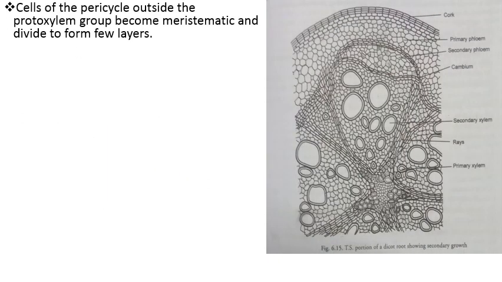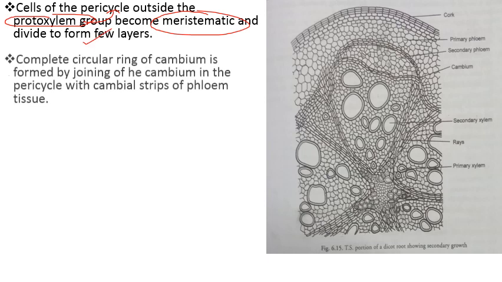Cells of the pericycle outside the protoxylem group become meristematic and divide to form few layers. कुछ सेल जो पेरिसाइकिल के सेल्स हैं जो प्रेजेंट होते हैं protoxylem के just outside, वो भी अपनी power of cell division regain करते हैं, they become meristematic and divide to form few layers of cells.